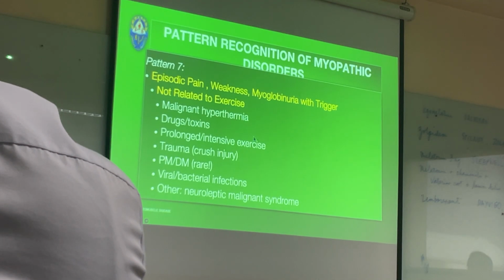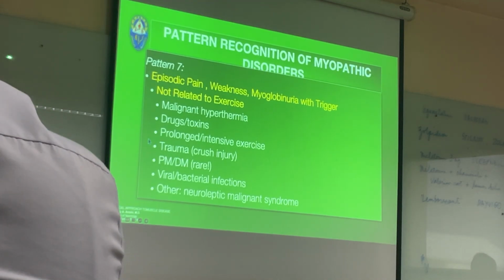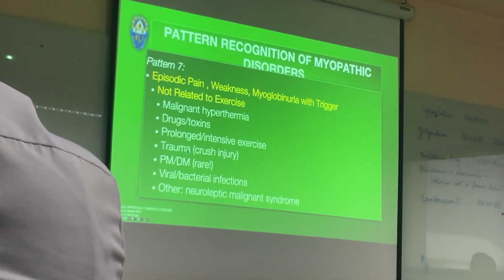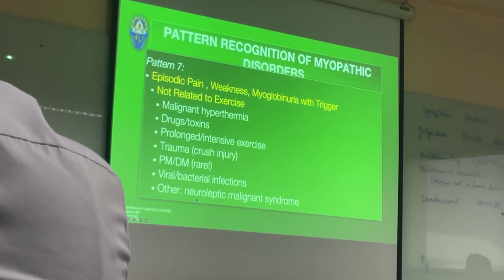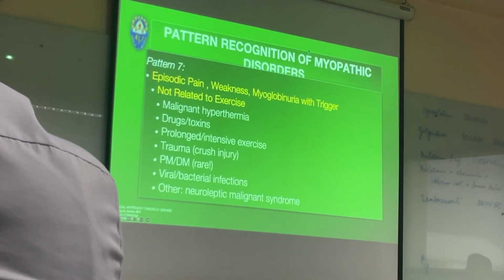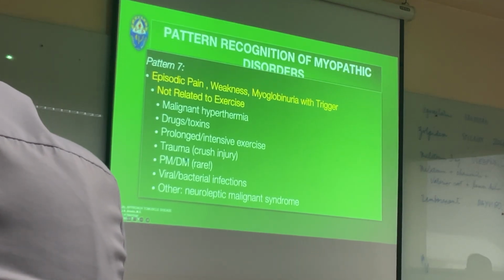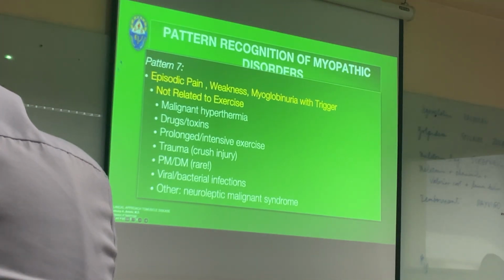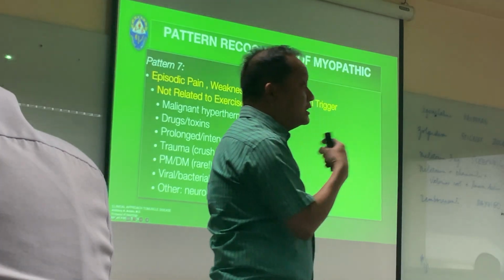Okay, so one patient like this overexerted himself and got hospitalized in the ICU. Okay, trauma, polymyositis, dermatomyositis, viral or bacterial infection, or neuroleptic malignant syndrome. Malignant hyperthermia or neuroleptic malignant syndrome is common with inhalation anesthesia.